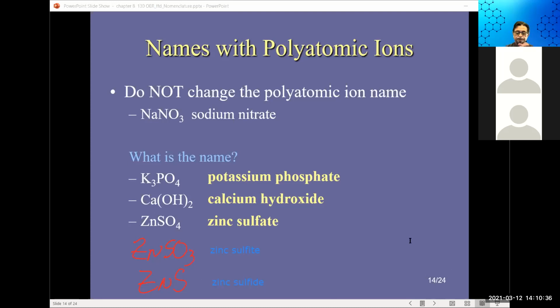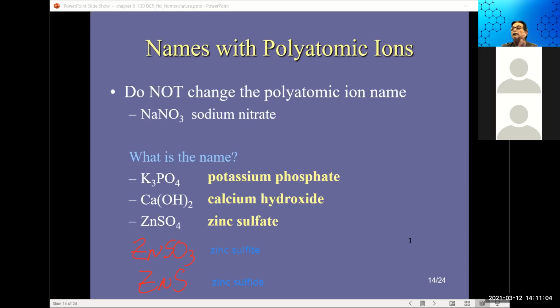Okay, so again, I could overemphasize that the -ide tells you we're dealing with the single element itself, sulfur. And it has a -3 charge, okay? No, that's not right. It's -2 charge because it's in group 6. Zinc has a +2, so that's -2 and +2.